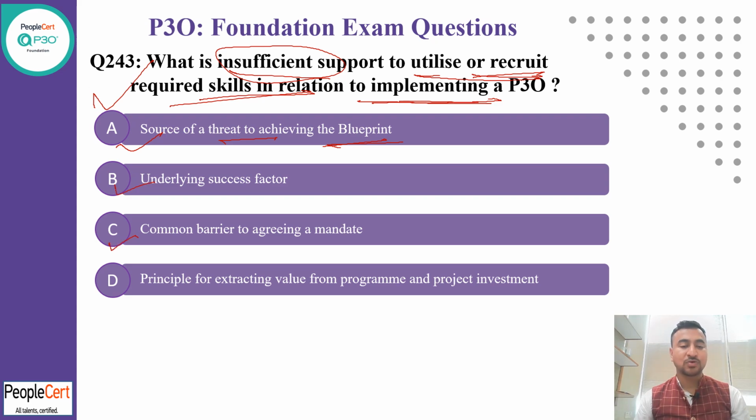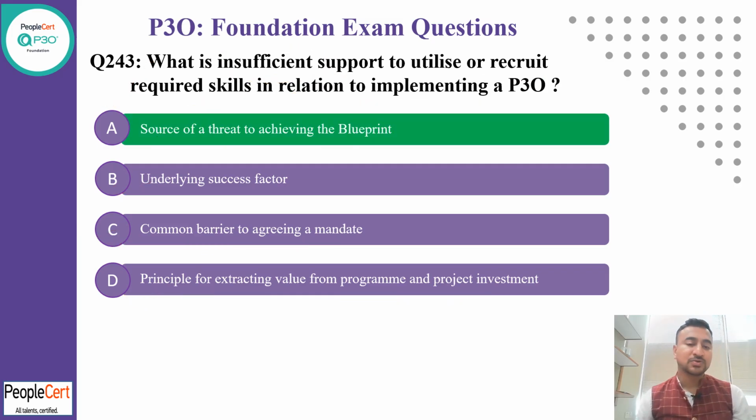Option C says, common barrier to agreeing on a mandate, principle for extracting value from program and project investment. So I believe common barrier to agree on a mandate. What is insufficient support? That is insufficient support. And source of threat to achieving a blueprint, that is okay.